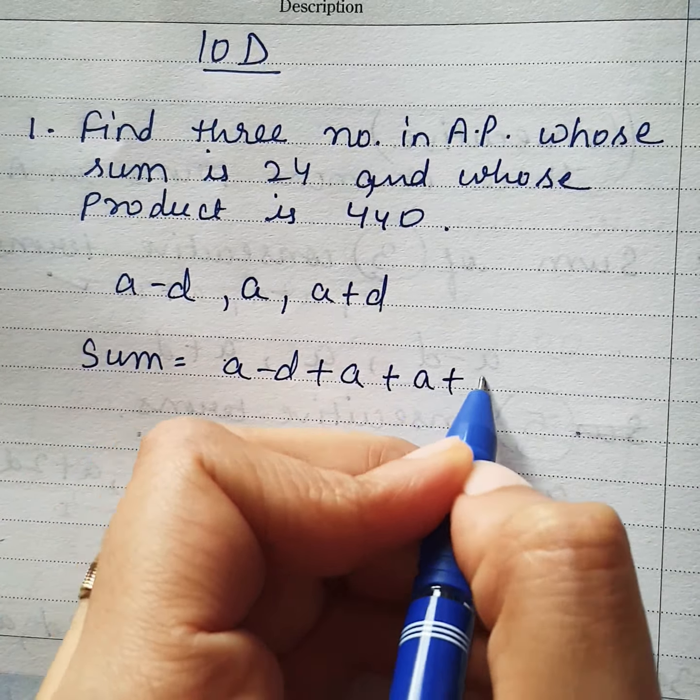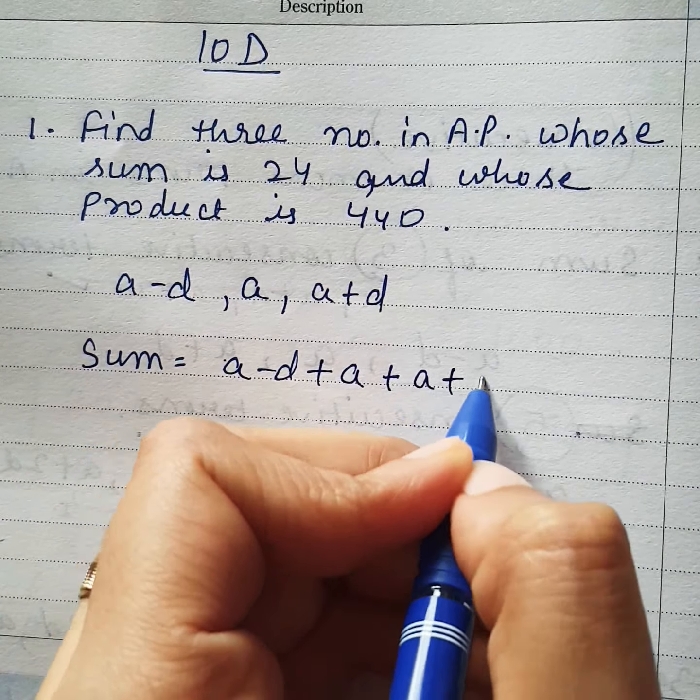Let the AP be this. Sum is already given 24. So here D and D cancel. 3A is equal to 24, and A value directly I have got from here, 8.